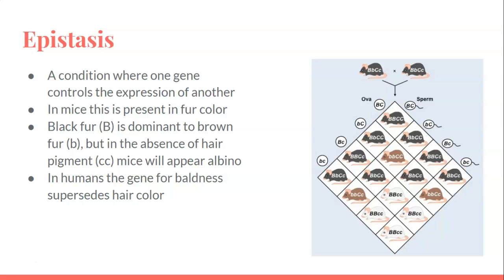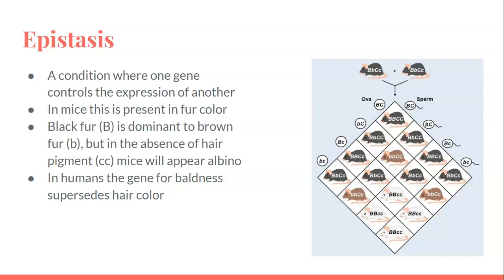But if they have a homozygous recessive hair pigment gene, so a totally different gene, gene C, it doesn't matter what B's they have because that C will override the B phenotype and all mice will appear albino.